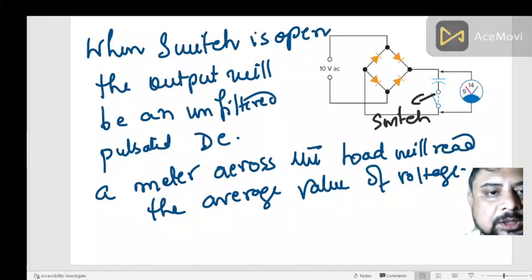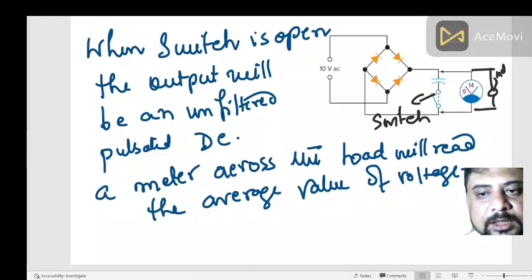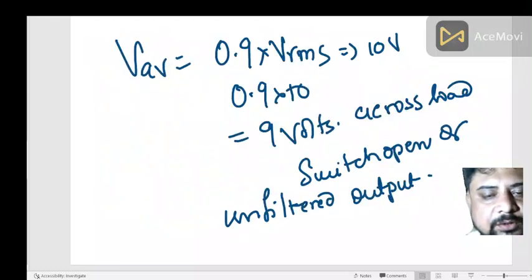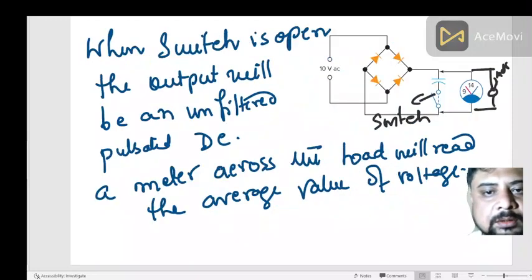When the switch is open, the output will be an unfiltered pulsated DC, and if you attach a meter to read the voltage, it will read the average value of the voltage, and the average value is obtained by multiplying the RMS value by 0.9.